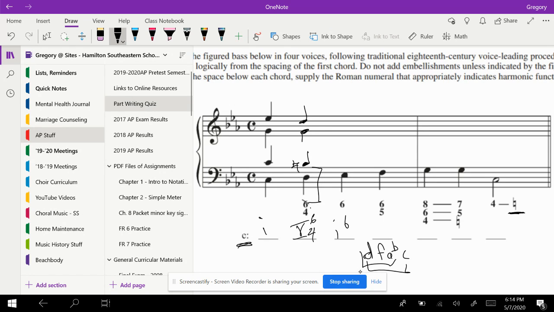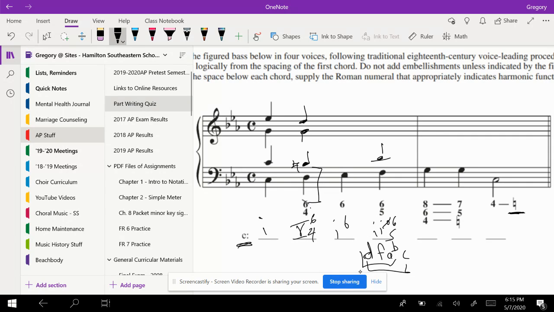D is the root, because F is the 3rd, and again, D is the 6th above the bass, which we would put right here as the 6th above the bass. And then we have the F, A flat, C. So that's diminished, and it's in the key of C. D is the 2nd. So this would be a 2 half diminished 6/5 for the chord progression.